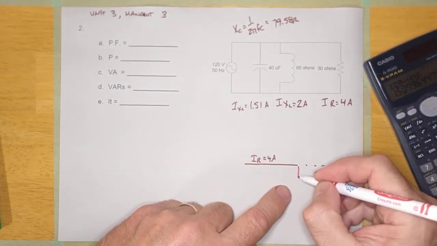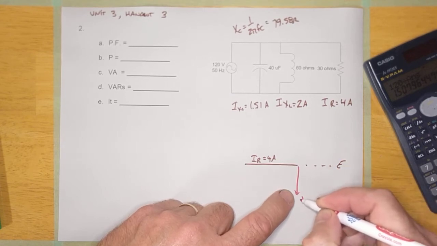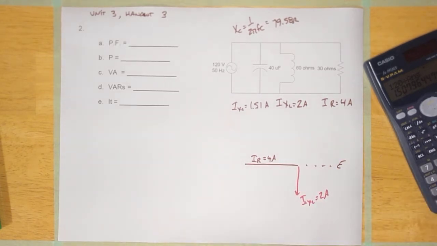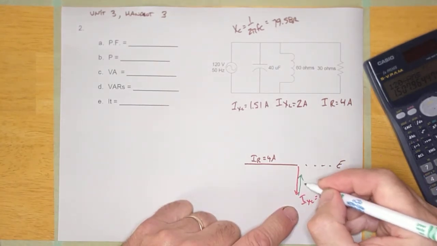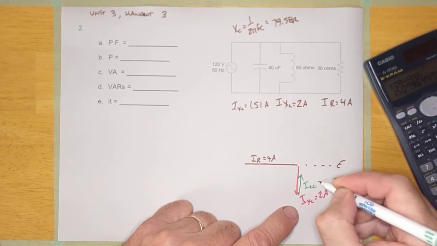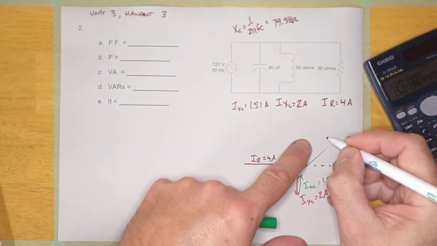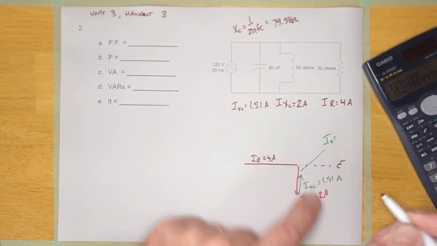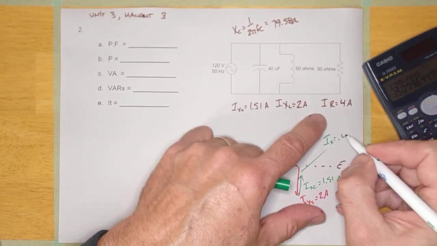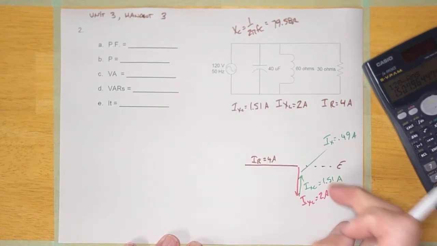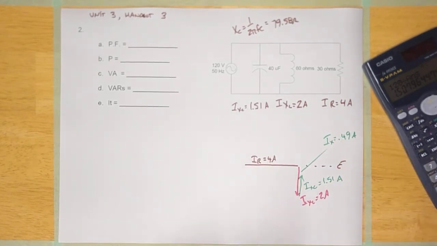IXC is 1.51. This little bit there is IX, and it's going to be 2 minus 1.51, so 0.49 amps.